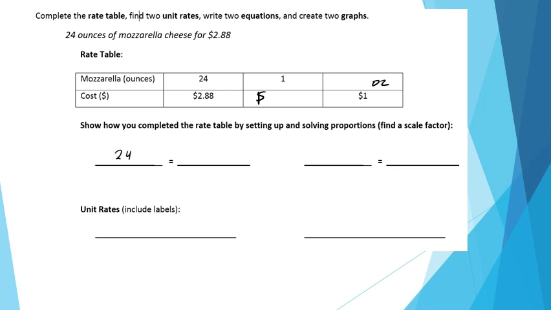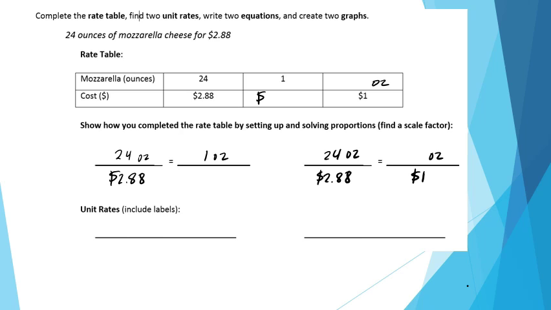So again, 24 ounces for $2.88 means I can get 1 ounce for how many dollars? So I'm going to need to think about that scale factor. And then my other proportion, I have 24 ounces over $2.88 equals how many ounces for $1? So I've got two different scale factors there.